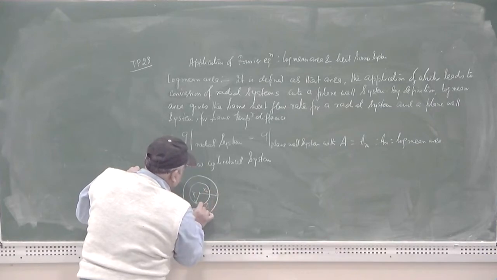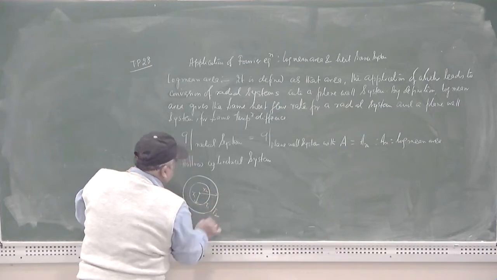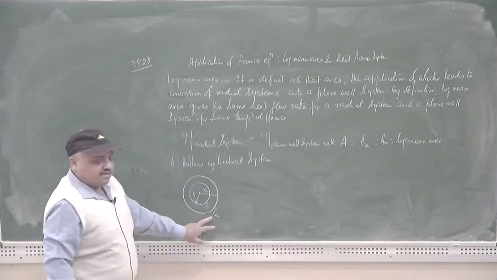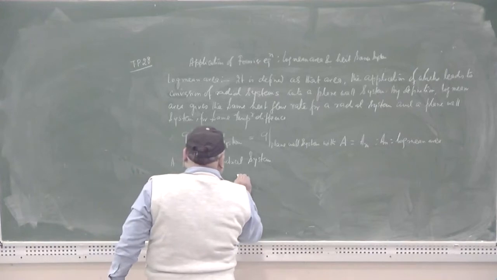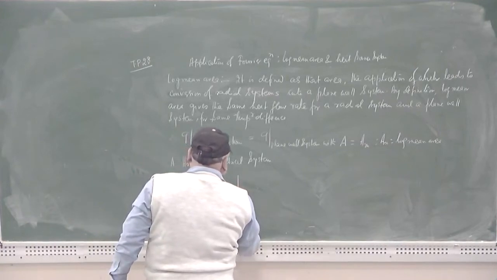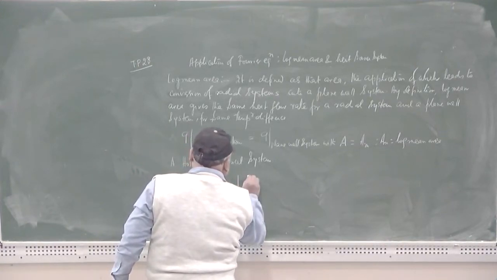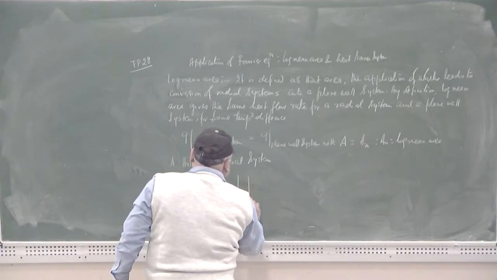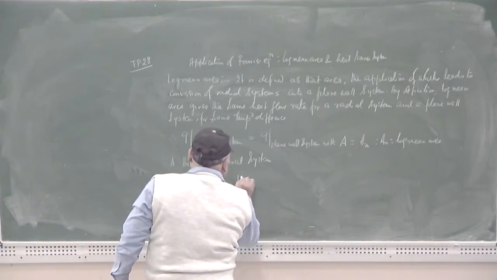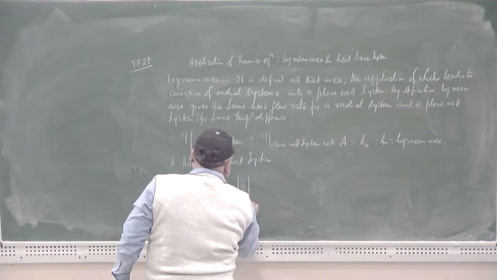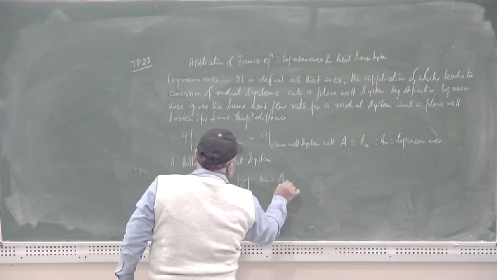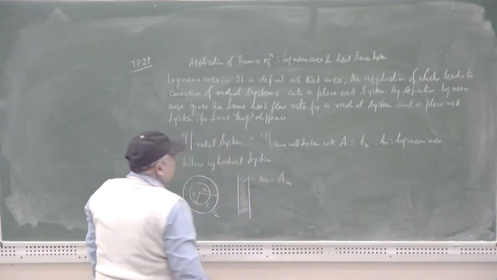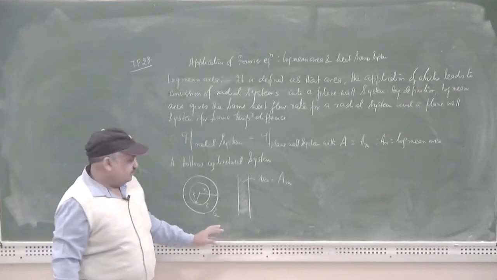This surface has a temperature T1, this surface has a temperature T2, and I am replacing this through a plane wall system having area, this area is replaced by the area AM, that is the log mean area.